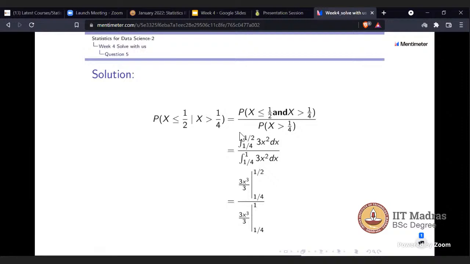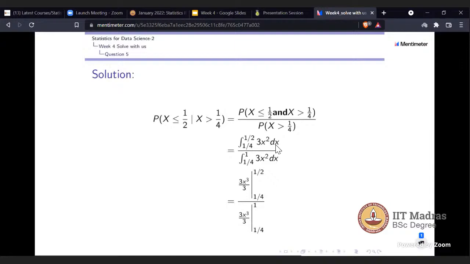So x less than or equal to 1/2 is one event, x greater than 1/4 is another event. If you write it, it will come out as the probability x less than or equal to 1/2 and x greater than 1/4, with the probability x greater than 1/4 in the denominator. Now the probability that x is less than or equal to half and x is greater than 1/4 is nothing but x lying between 1/4 and 1/2.